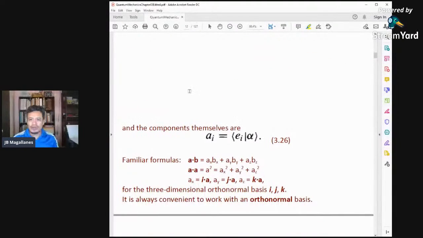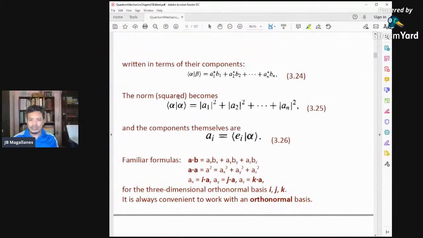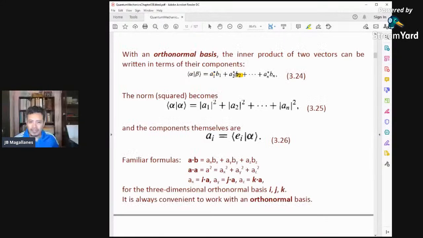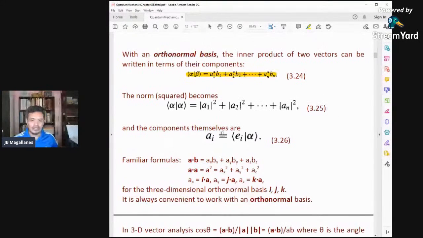So for two vectors, the inner product would be this one.